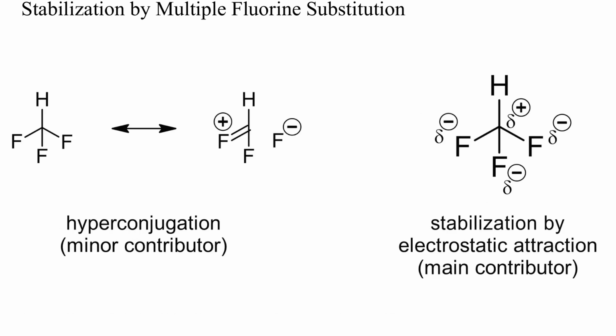If stabilization was caused by hyperconjugation, we would expect an increasing pi bond order between carbon and fluorine, and a decreasing partial negative charge at fluorine upon additional fluorine substitution. The partial negative charge at fluorine almost remains unchanged, however. Thus, hyperconjugation does not contribute significantly to the stabilization of tri- or tetrafluoromethane.